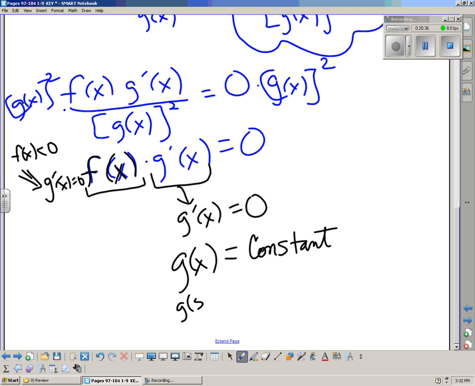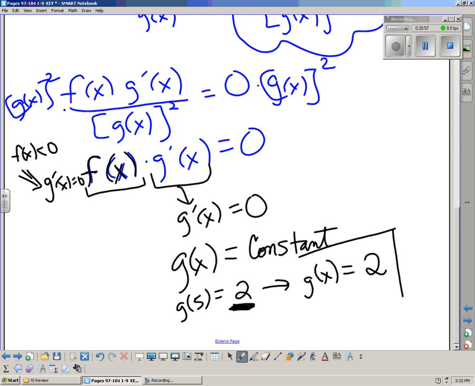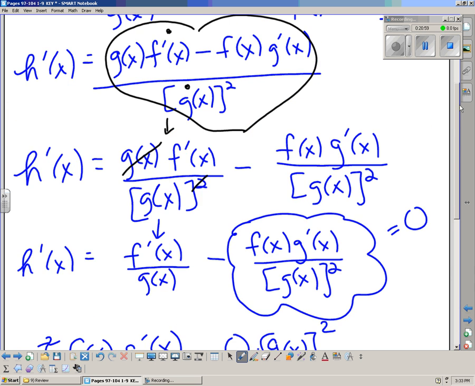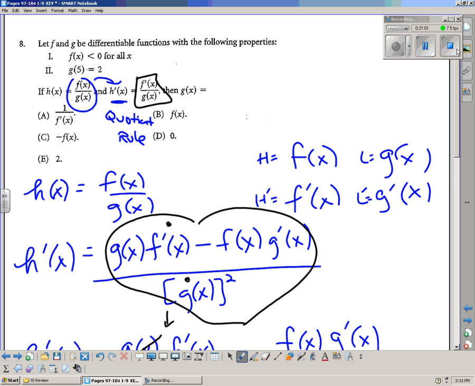So if g of 5 was 2, that forces everything else to be 2, because g of x is the same number no matter what the x value is, whether it be 5, 9, e squared, or -3. So g of x is actually 2. The answer is E. Tough question for sure.